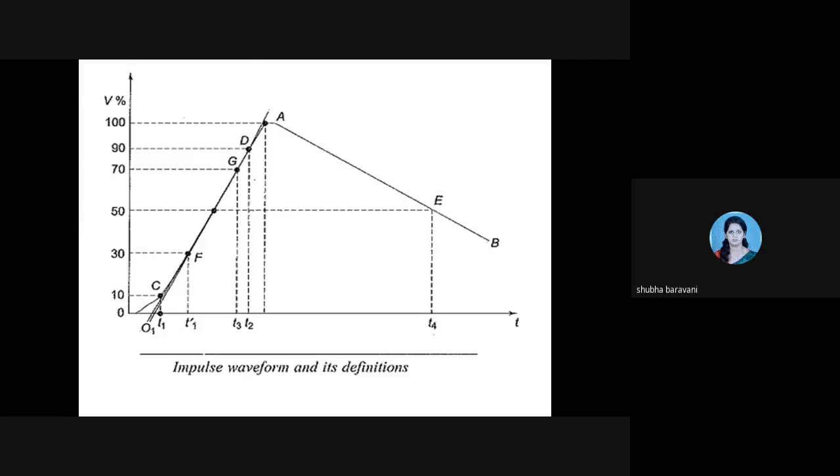So this was your standard impulse wave. You can see it is rising up to point A, which is your peak value, and then it is reducing. It may go beyond point B also, but here we have limited it to point B.